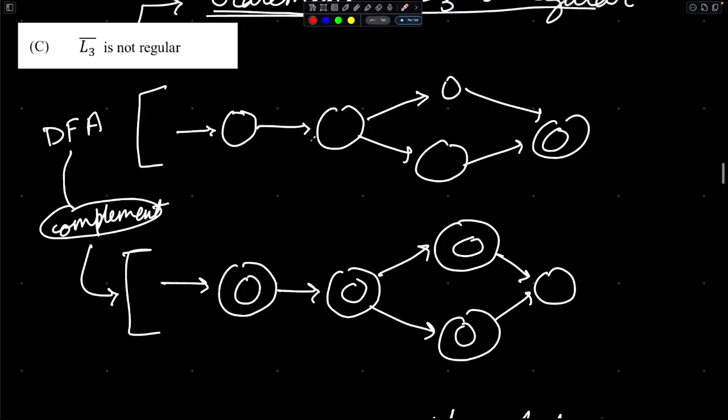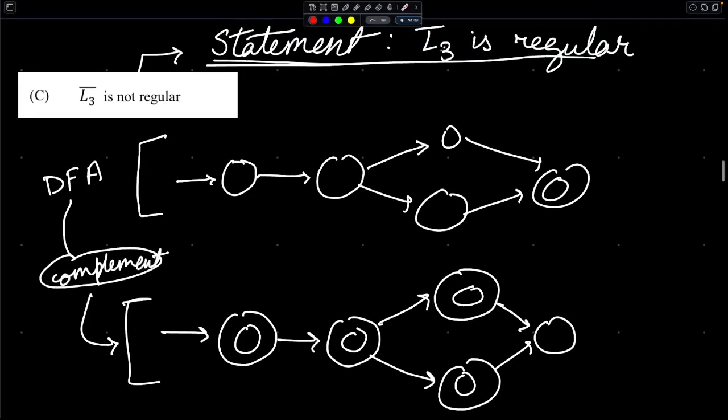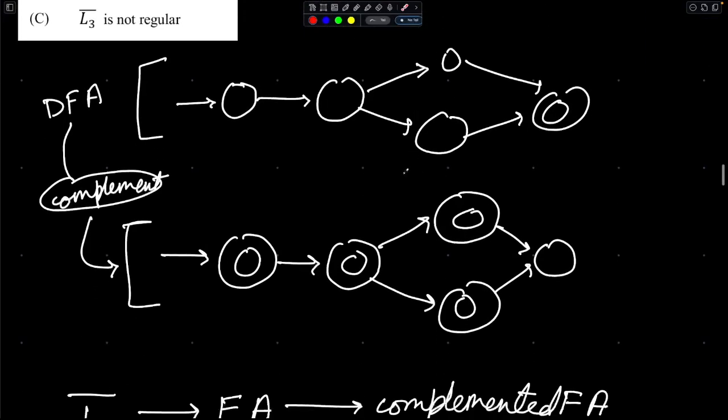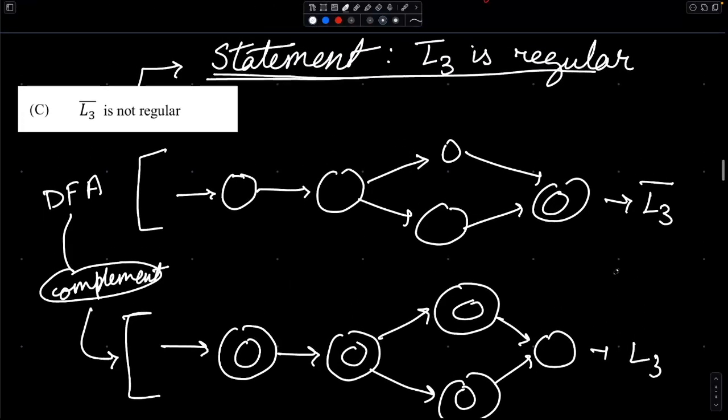So if we have the finite automaton for L3 complement, we can have the finite automaton for its complement also. So if this is the diagram for L3 complement, this is going to be the diagram of just L3. And as soon as we get the diagram for L3, we can say that L3 is a regular language. Now that is a contradiction to the starting assumption which the question has imposed upon us, that L3 must be a non-regular language.